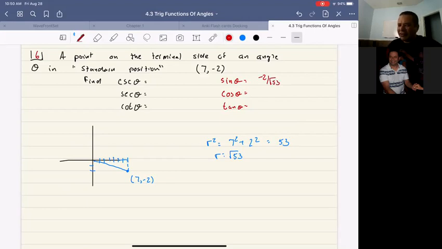I could rationalize it, but I don't need to because that's not really my end game. Okay, my end game is to find cosecant of theta. Okay, so cosecant of theta is negative square root of 53 over 2. Okay, let me write that out separately somewhere else.